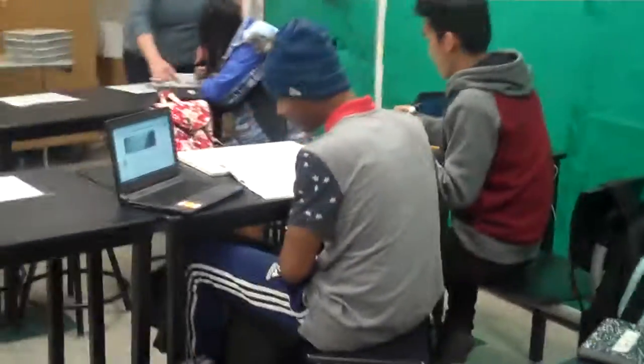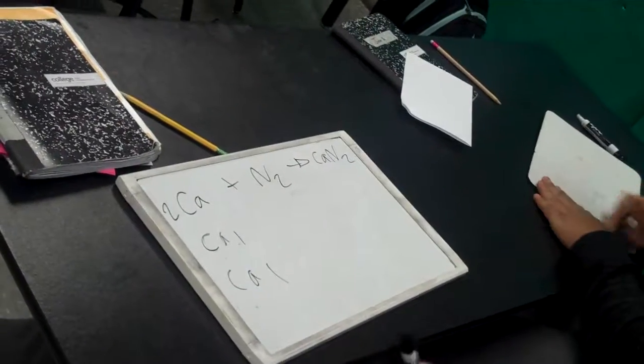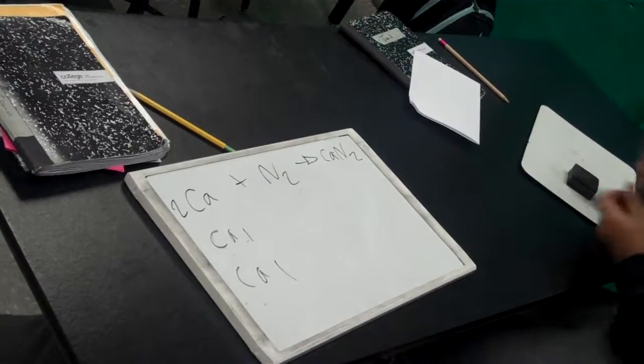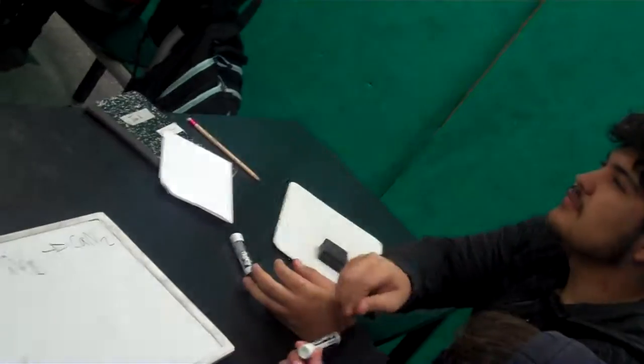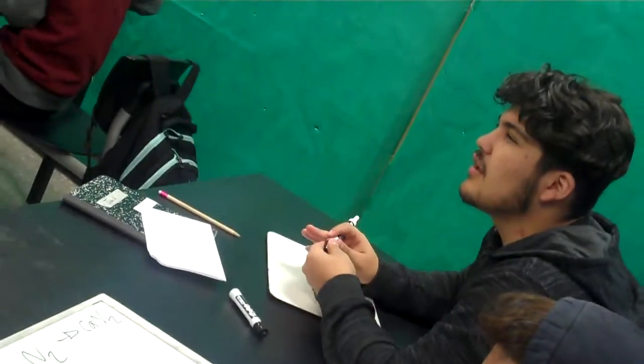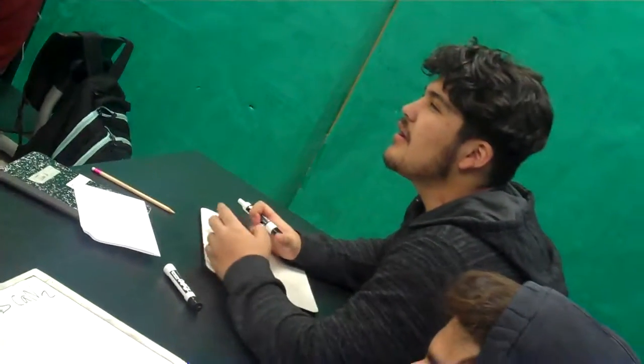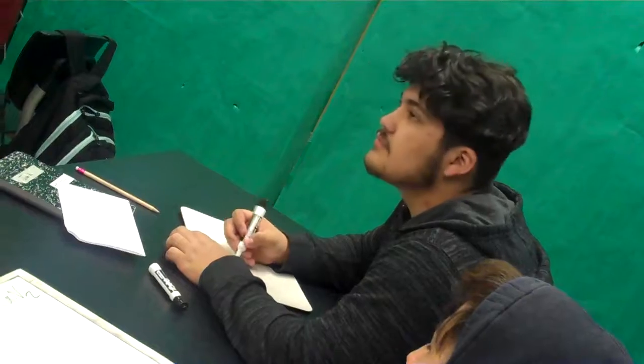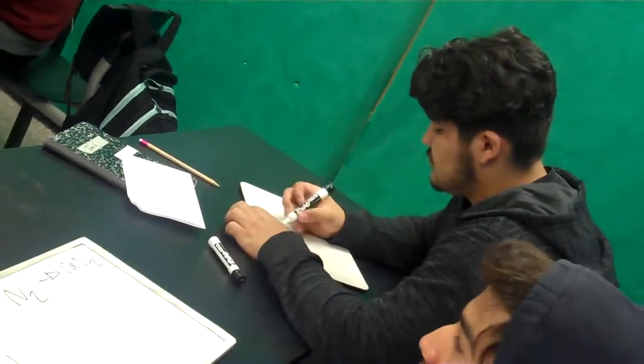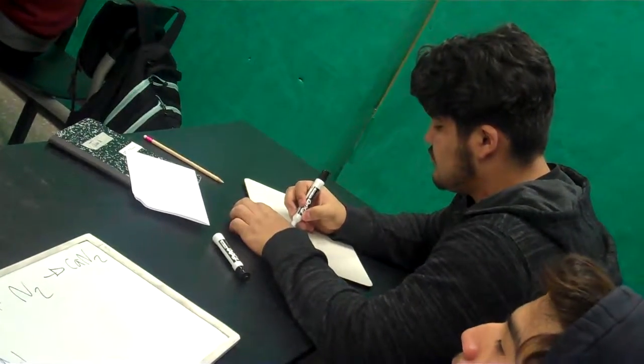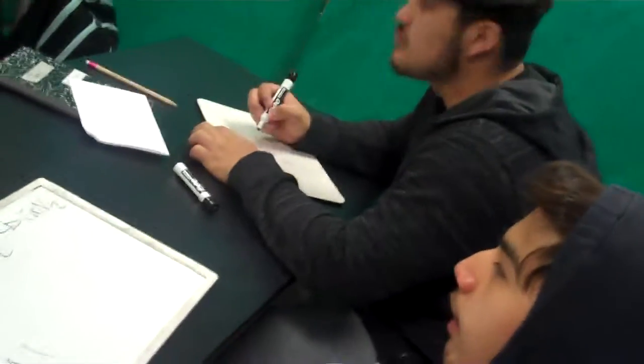How many calciums do you have on your reactants? Calcium. Okay, so the plus sign separates your components in your reaction. So this plus sign means you've only got one thing there, because there's no numbers and there's no subscripts, so it means one. Okay?